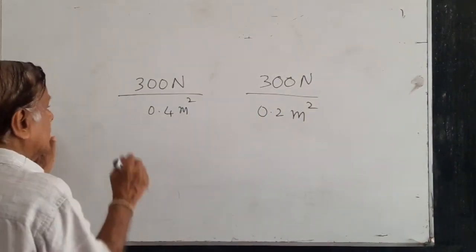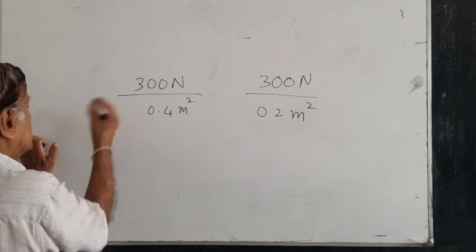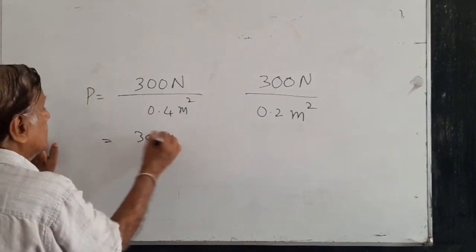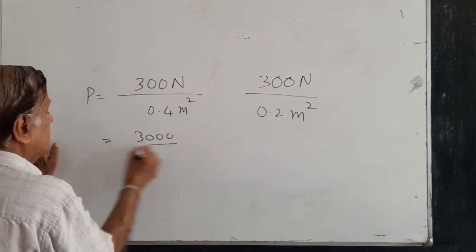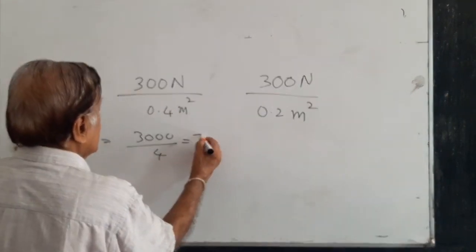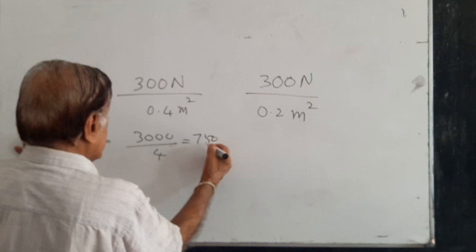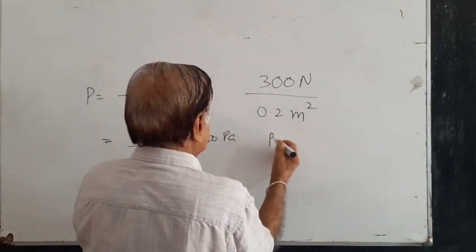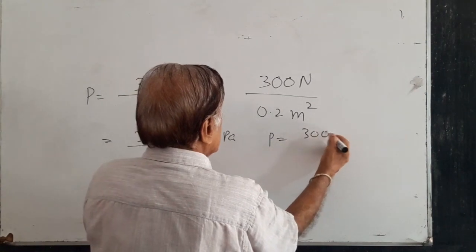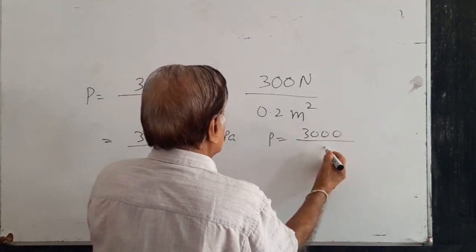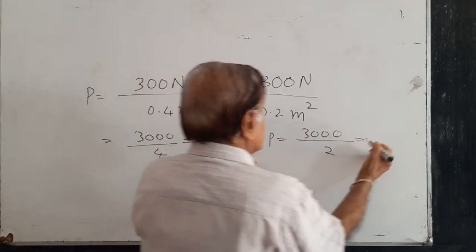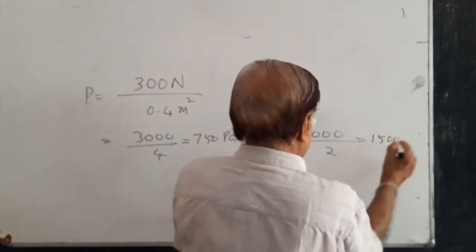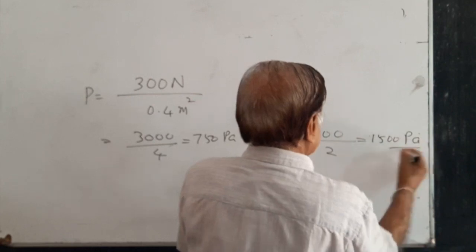Now let us calculate the pressure exerted in these two instances. Pressure is equal to 3000 divided by 4. That is 750 pascals. Now here it is 3000 divided by 2. That is 1500 pascals.